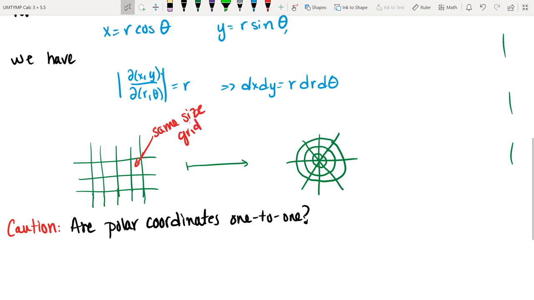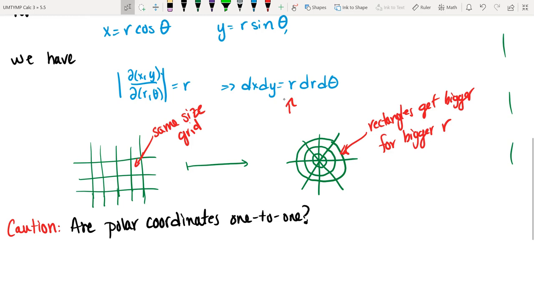But then when we look at polar coordinates, really what happens to the rectangles is they get bigger for bigger r, meaning that we have to scale by that factor of r.